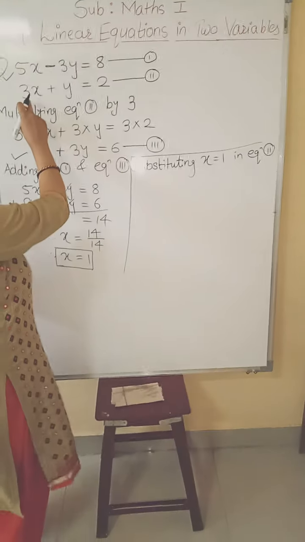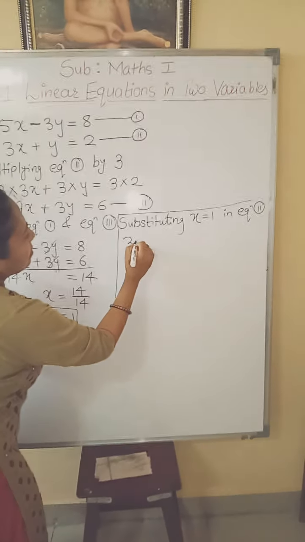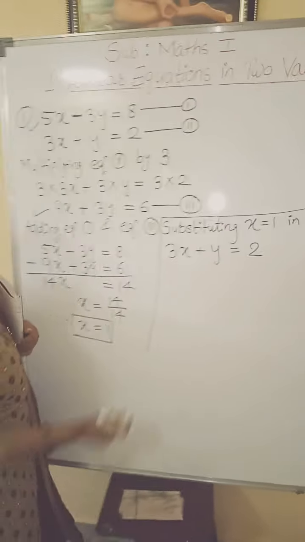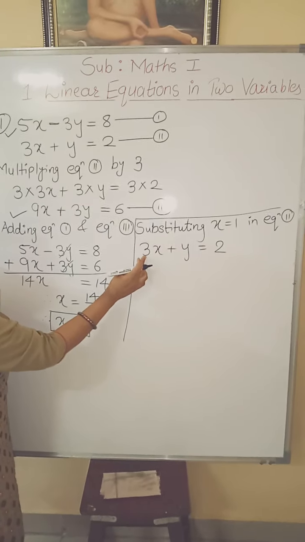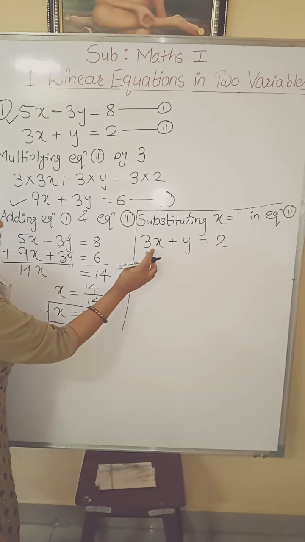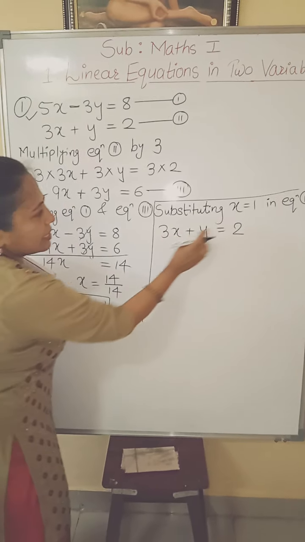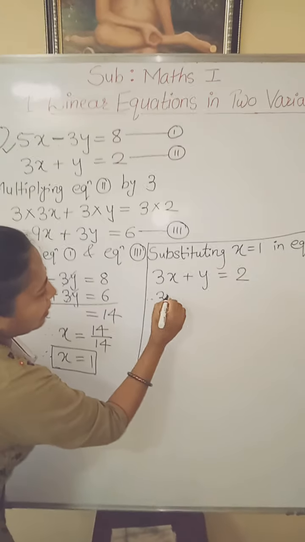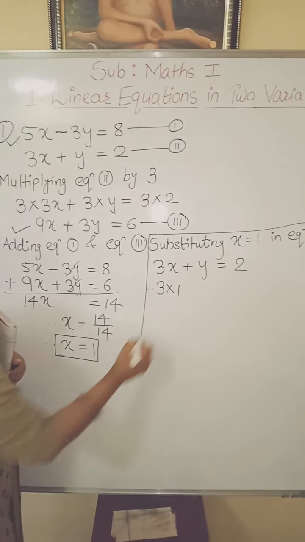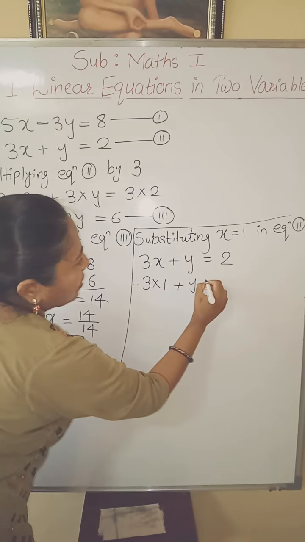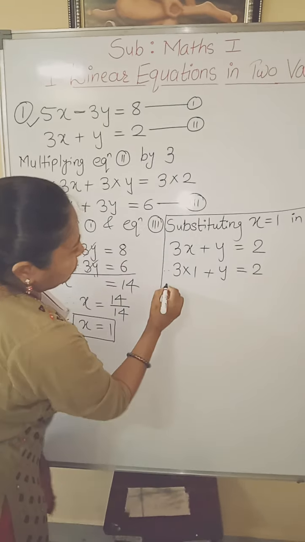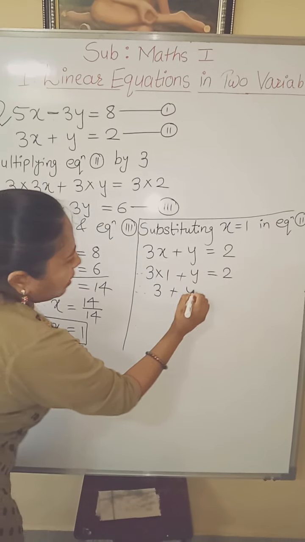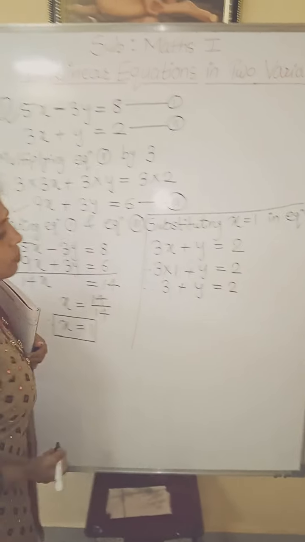So first write second equation: 3x plus y equal to 2. So here first term is 3x, means 3 multiplied by x, and x is equal to 1. Therefore we will get the next step: 3 multiplied by 1 plus y equal to 2. Therefore 3 ones are 3 plus y equal to 2.